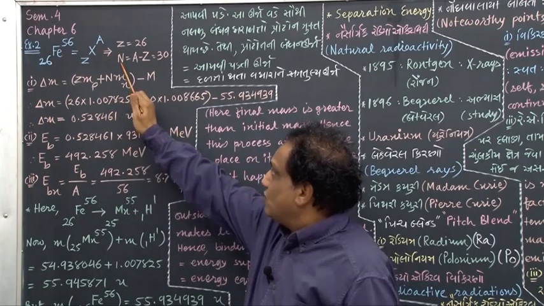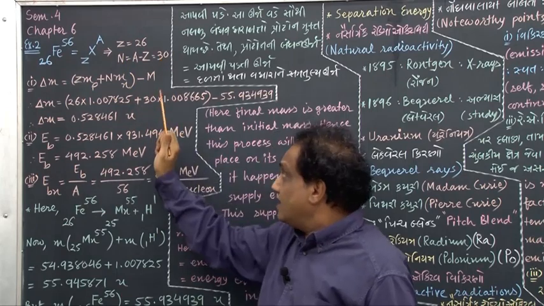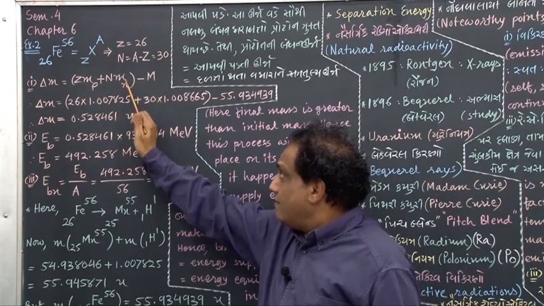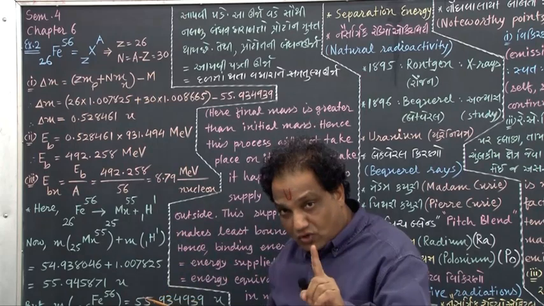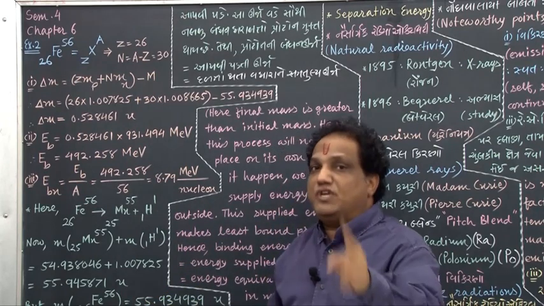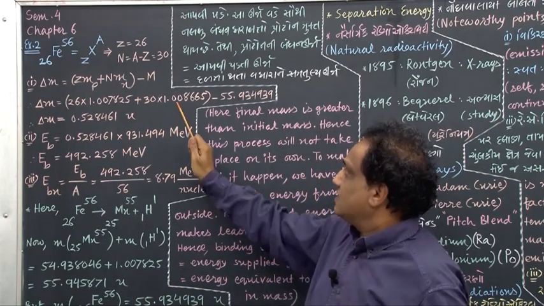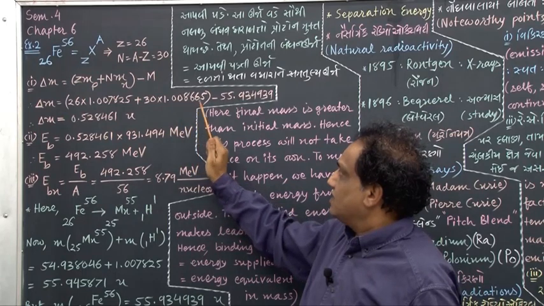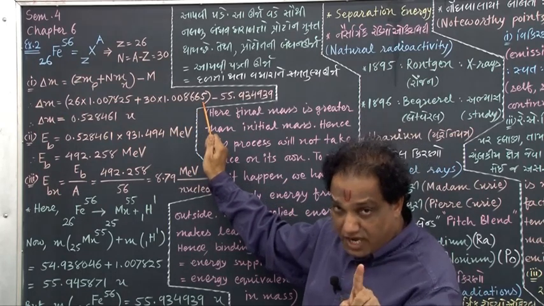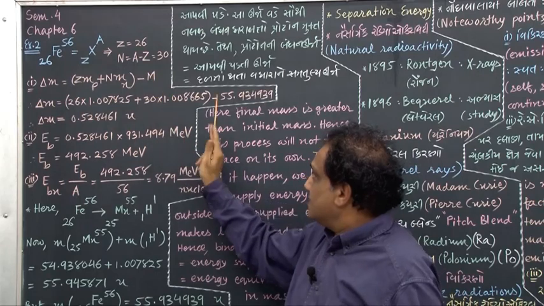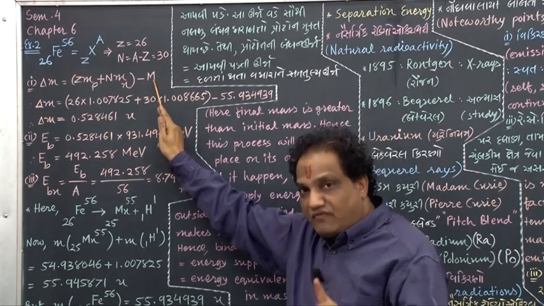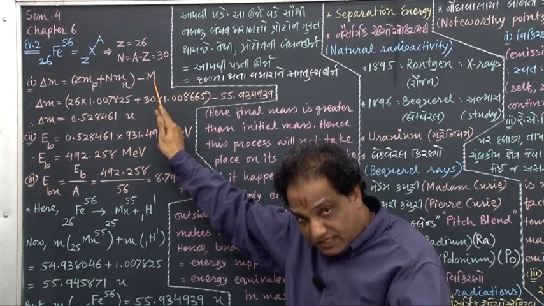Capital N is the number of neutrons, which is at present 30, multiplied by Mn, the mass of one neutron in a free state, which you are given in the statement as 1.008665 atomic mass unit, minus this is the mass of a given stable nucleus.